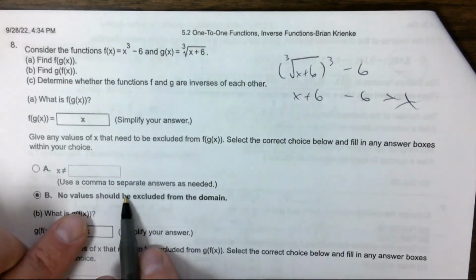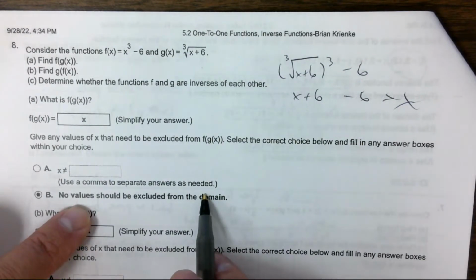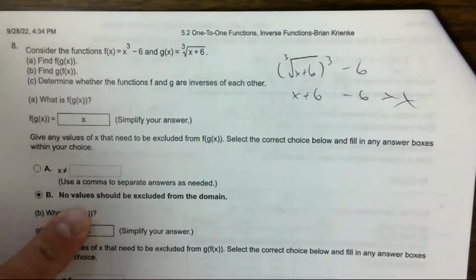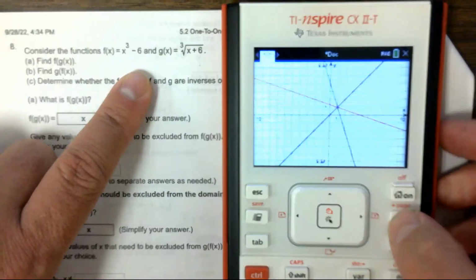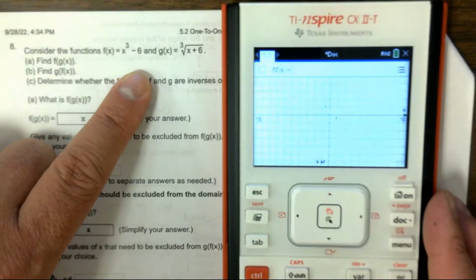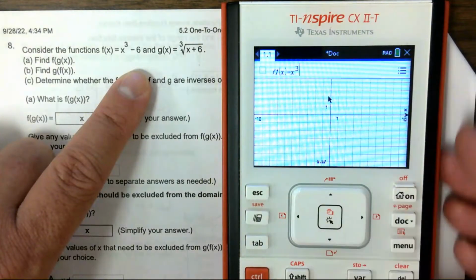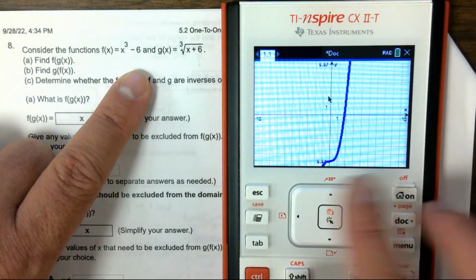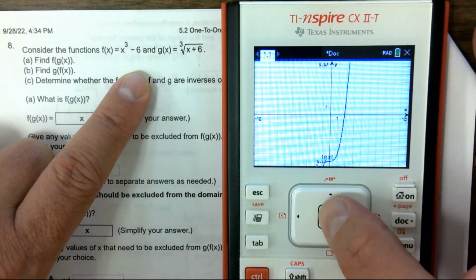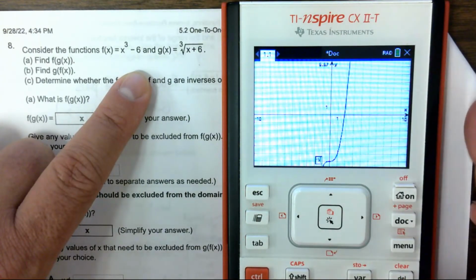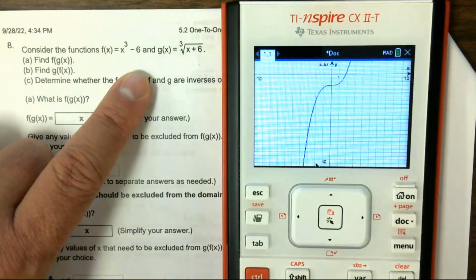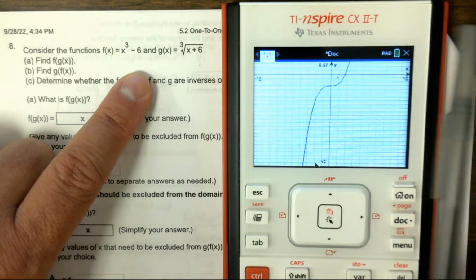And there's no values excluded for that, because when you go into x to the third minus 6, well, I need to move this down a little bit. Yeah, you can see that it's going to be all real numbers for your domain and your range.